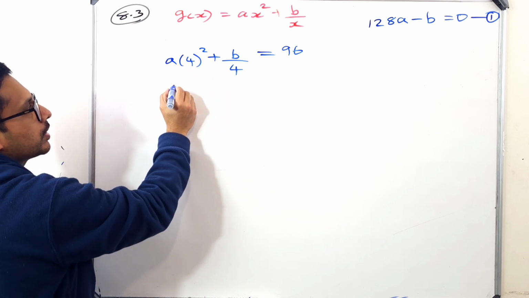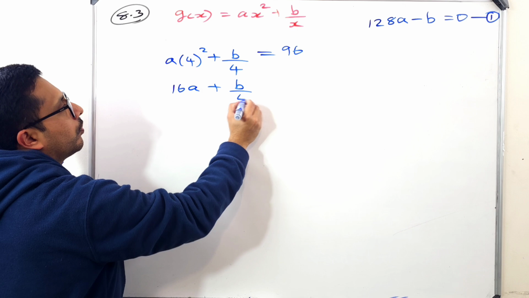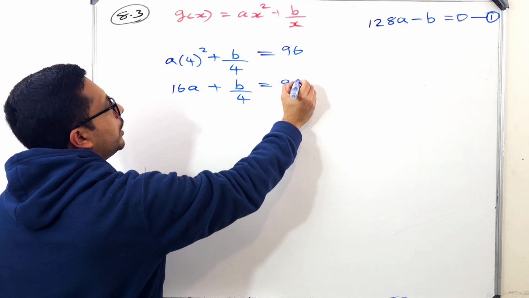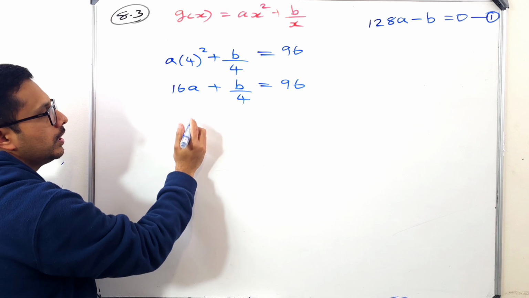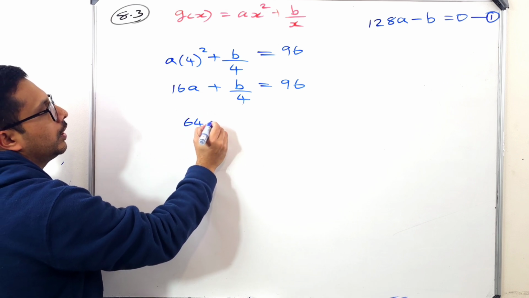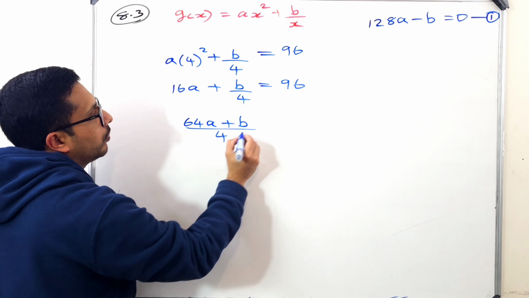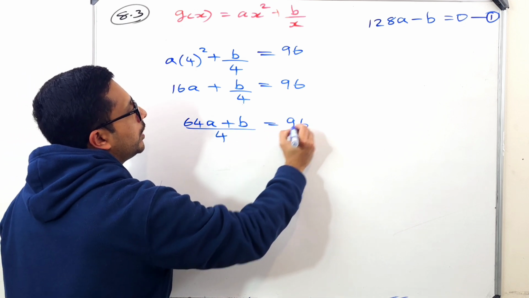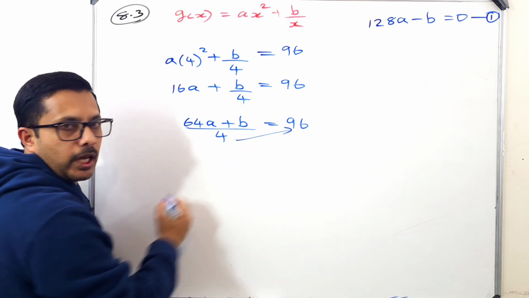4 squared is 16. So it is 16a plus b by 4 is equal to 96. Cross multiply. Take the LCM. Okay. 4 into 16 is 64. 64a plus b the whole divided by 4 is equal to 96. Let's cross multiply this one. 96 times 4.